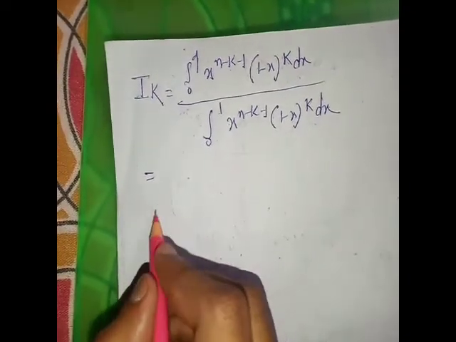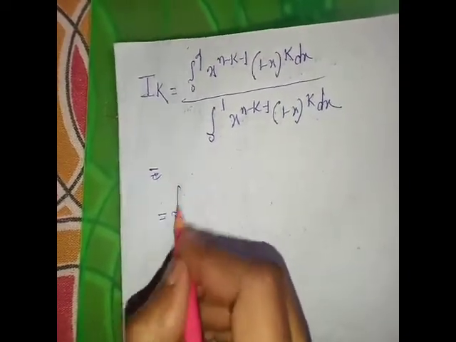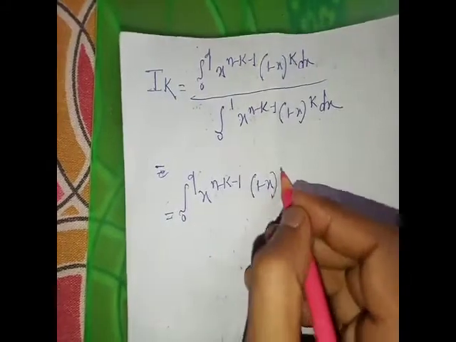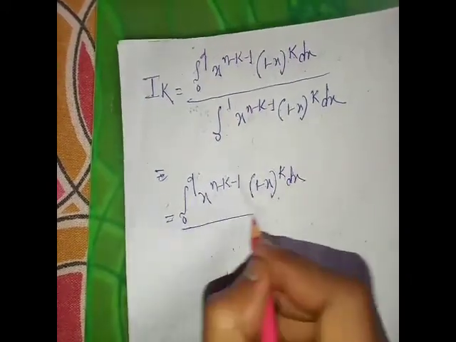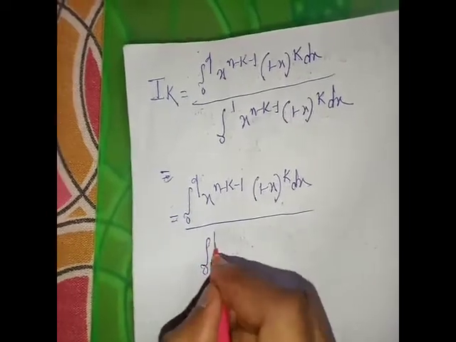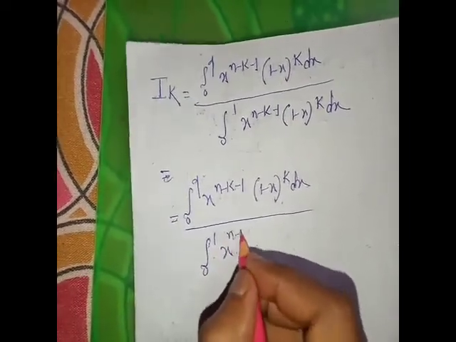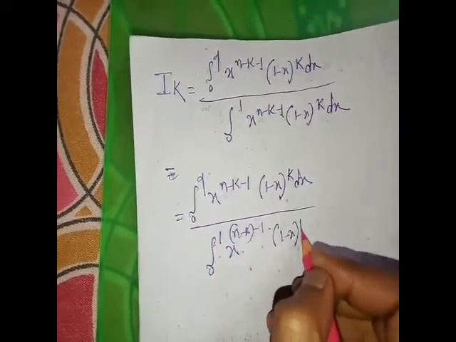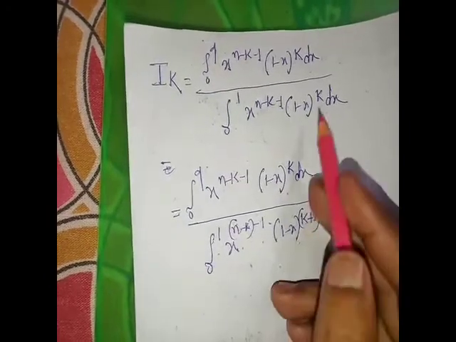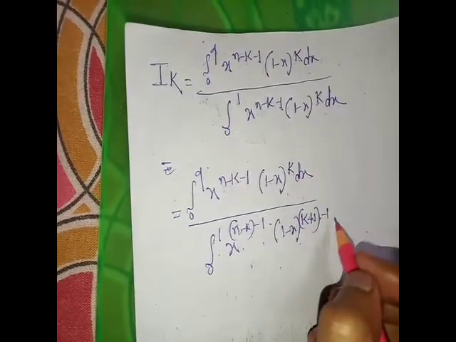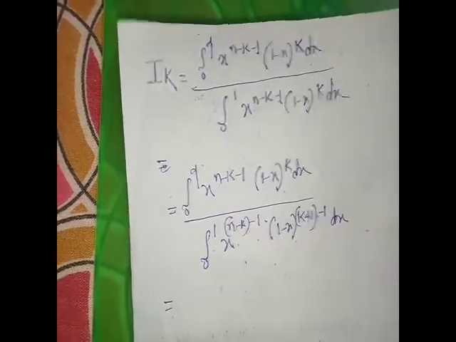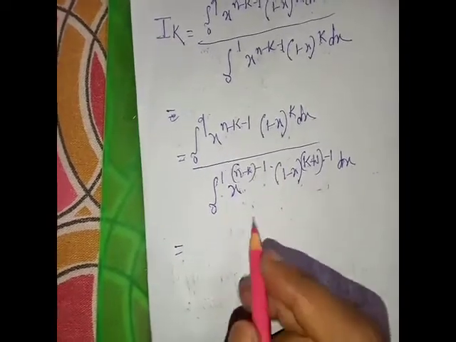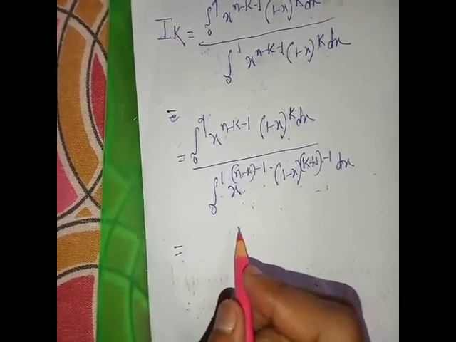The denominator can be written as the integral of x to the power n minus k minus 1 times (1 minus x) to the power k plus 1 minus 1 dx. This is the beta function, beta of n minus k comma k plus 1.